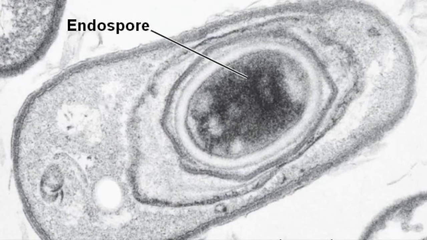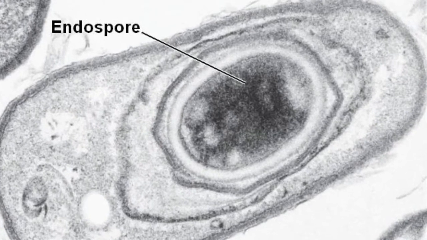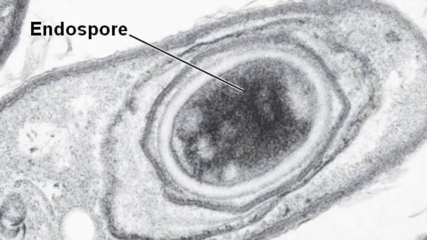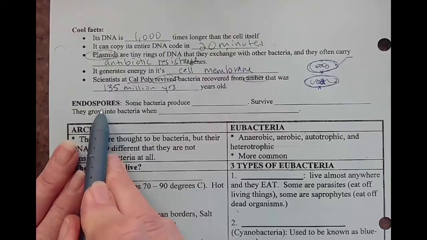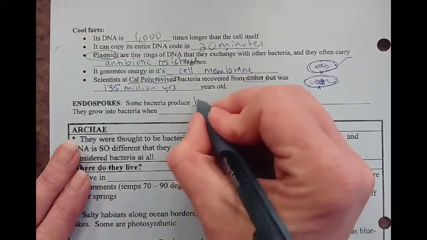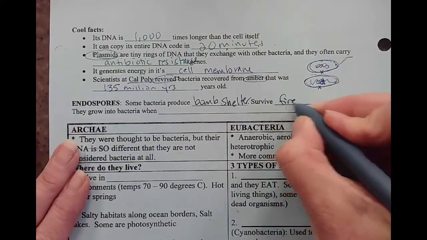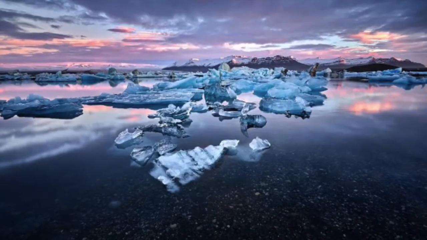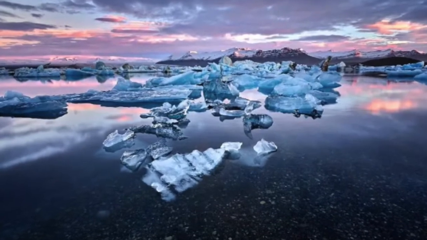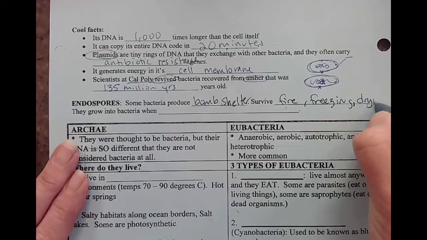Endospores. Some bacteria produce a little bomb shelter where they can survive some crazy stuff: fire, really freezing temperature, extreme drying.